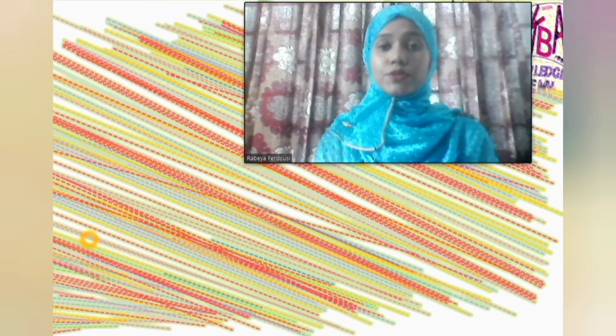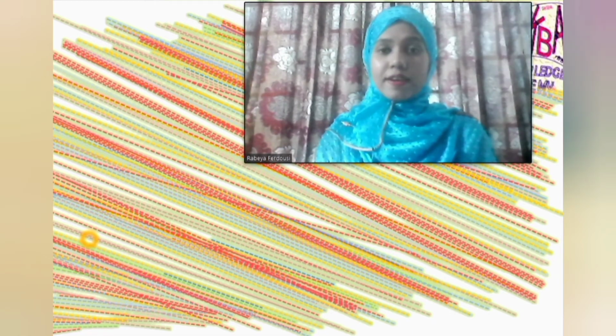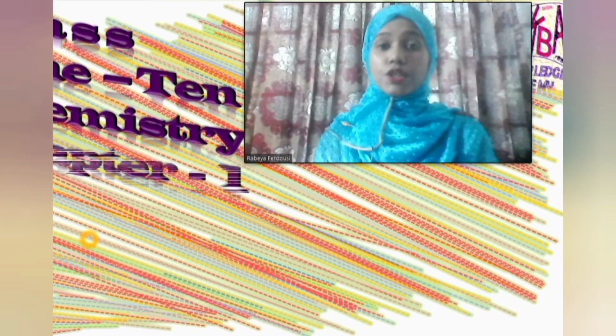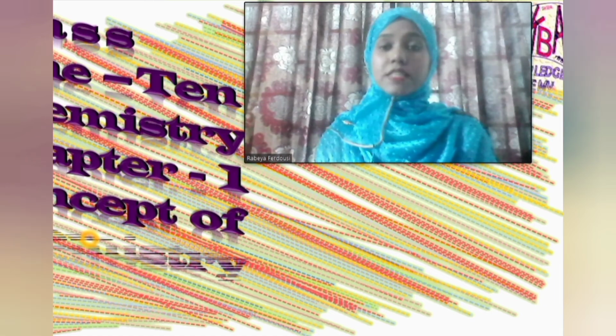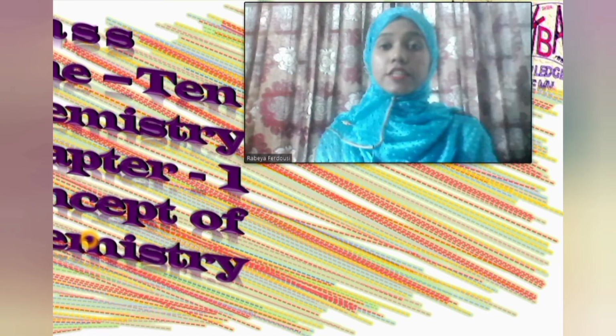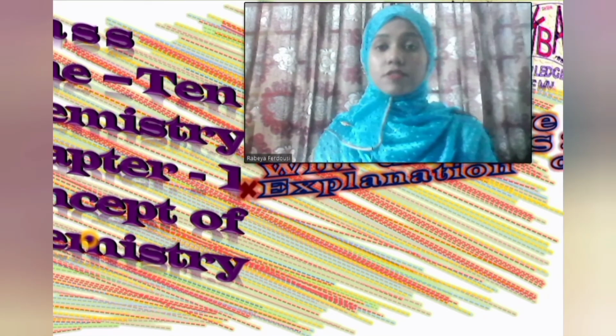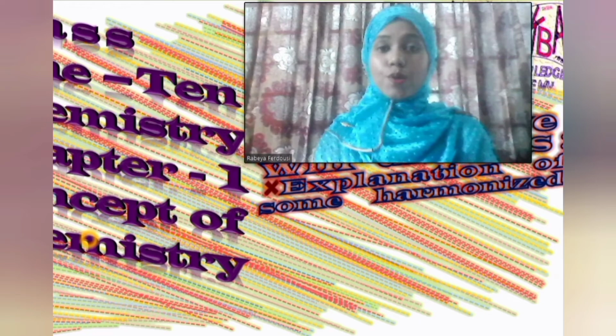In my today's video, I will discuss with you some topics from the class 9-10 chemistry book and from chapter 1. We all know that in chemistry, the name of chapter 1 is Concept of Chemistry. In my previous chemistry videos, I discussed with you the definition of chemistry: the branch of science that discusses structures, functions, properties of matters and various types of actions, reactions among matters is known as chemistry.